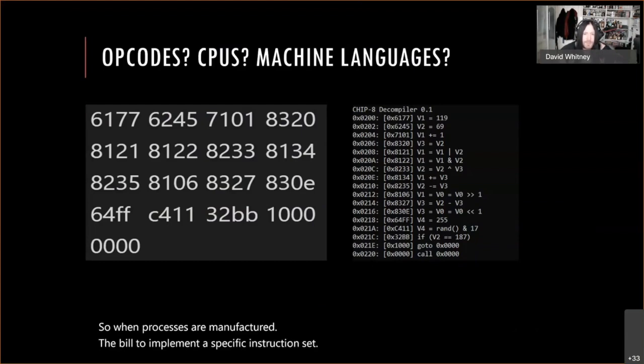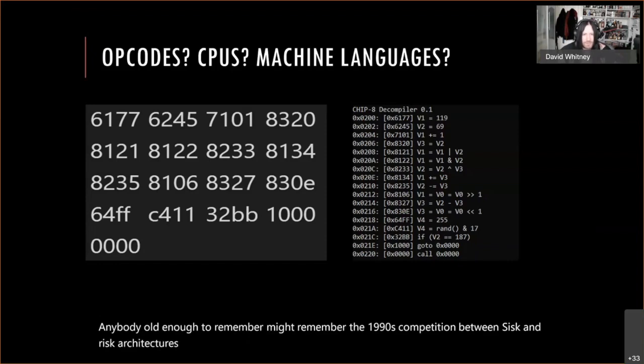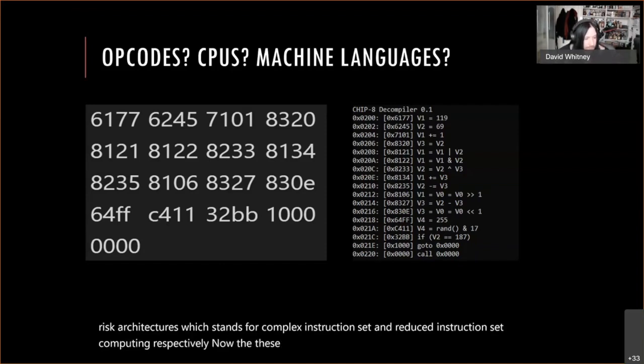This instruction set is the list of things that the processor can do. Anybody old enough might remember the 1990s competition between CISC and RISC architectures, which stands for Complex Instruction Set and Reduced Instruction Set Computing, respectively. Now, these CPU instructions are what they were referring to.